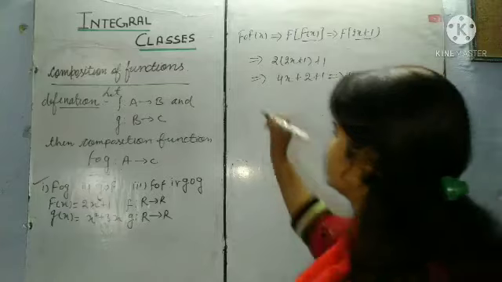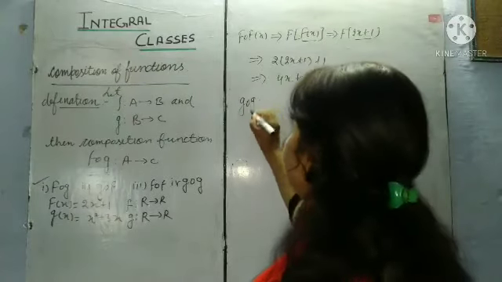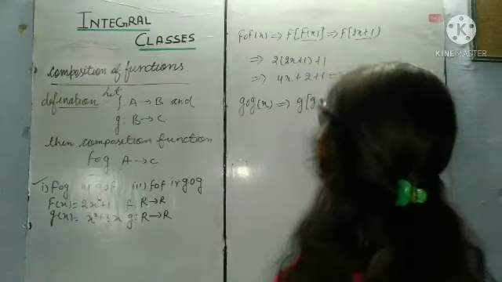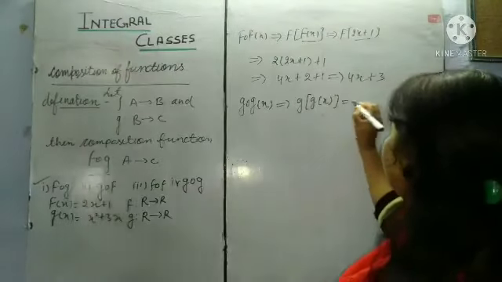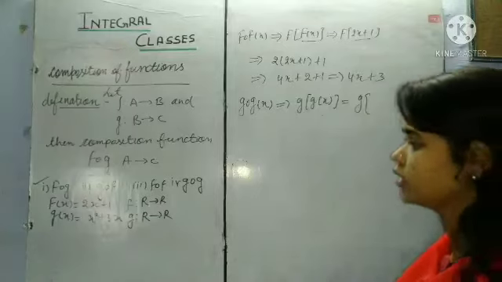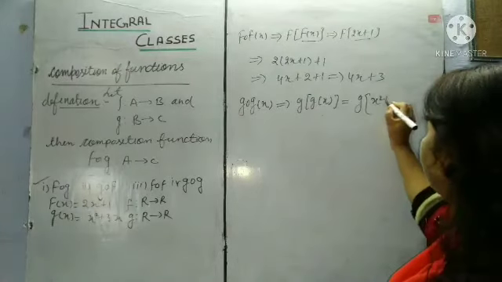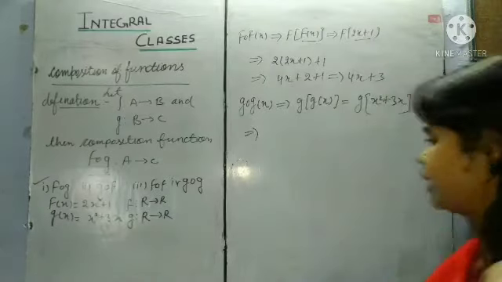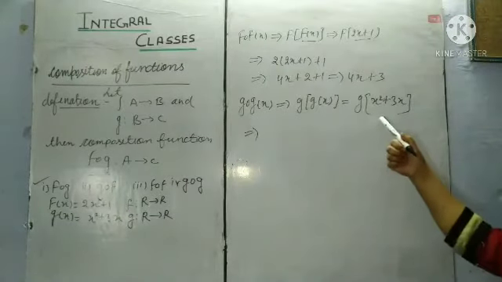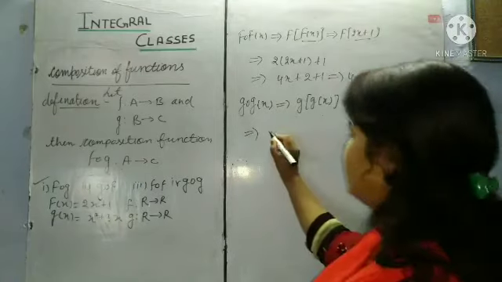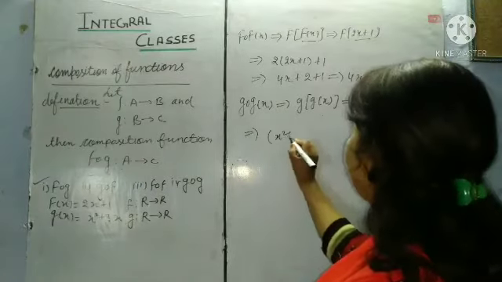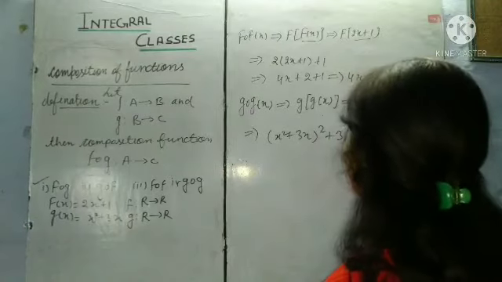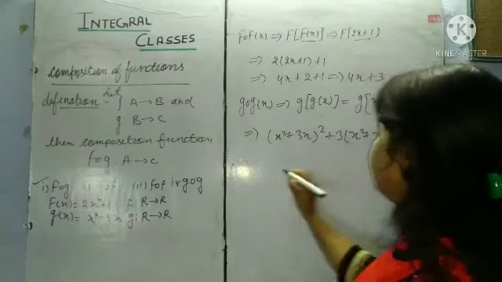Next is gog(x). We find g(g(x)). Now put the value of g(x). What is the value of g(x)? x² + 3x. Now again we replace x by x² + 3x. Then (x² + 3x)² + 3(x² + 3x).